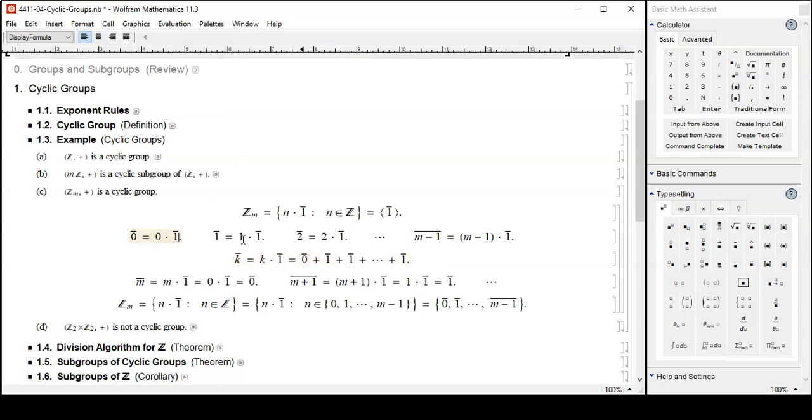That's what this means, and all those mean. In general, like this. And now, if k exceeds m minus 1, then you go back to 0 again, and then 1, and then wrapping around again. Remember all that?